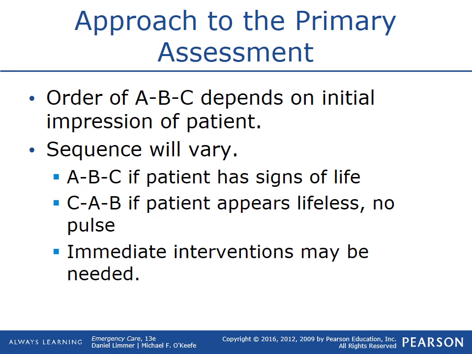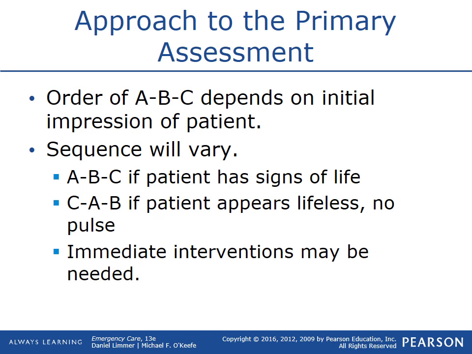So, the order of airway, breathing, circulation really depends on how the patient presents initially. If the patient has signs of life, basically if they have a pulse, airway, breathing, and circulation is the general order of assessment.